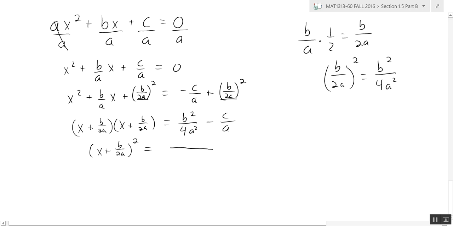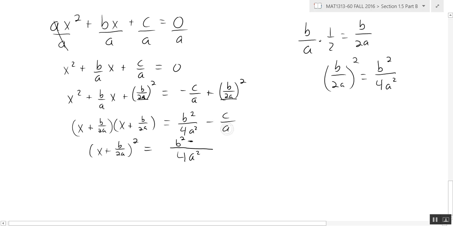now I do have to get a fraction right here. What would that be? Well, to get a common denominator, my common denominator is going to be 4, and then you have to take the largest. And even if you've understood it to this point, you may get a little confused here. But your common denominator is 4a squared. And so what you would do, since this has a 4a squared, you just write b squared up top, minus, because there's a minus.